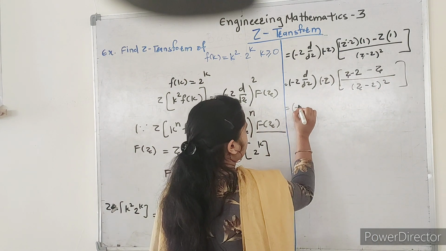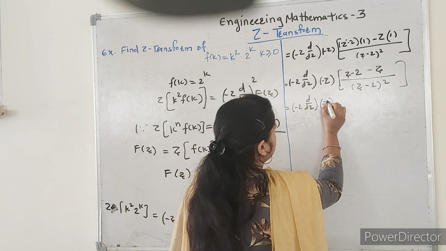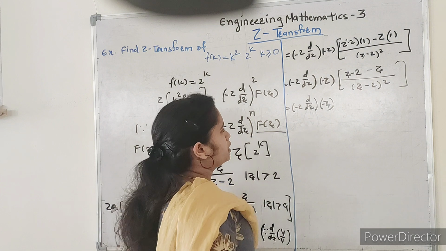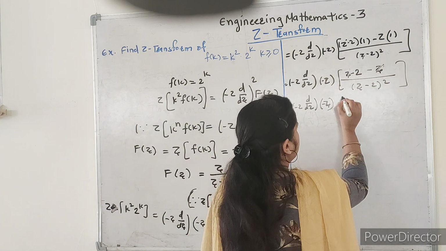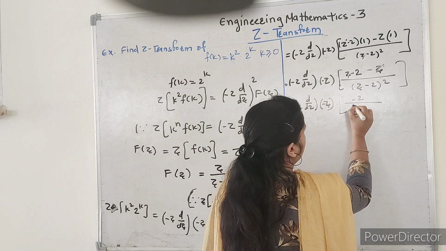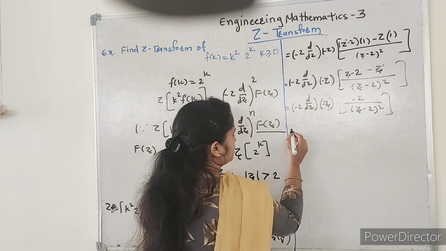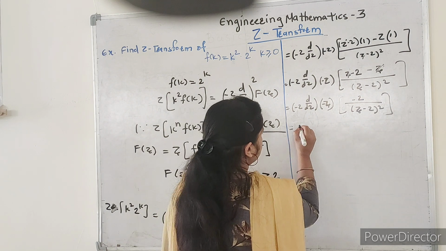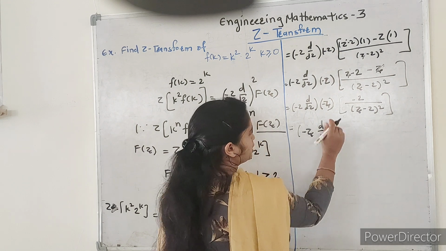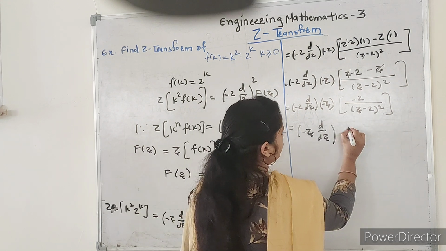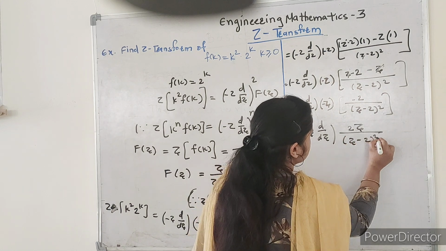So here minus z into d upon dz minus z, here z minus z gets 0 and here minus 2 upon z minus 2 square. Correct? So this is minus z into d upon dz, minus gets plus, here we get 2z upon z minus 2 square.